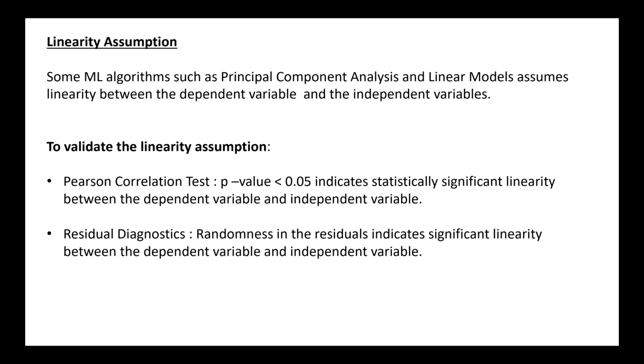We are going to be looking at a p-value. If the p-value is less than 0.05, that will indicate that the correlation is statistically significant between the dependent variable and independent variables. So that is one way we can say we have statistically significant linearity.